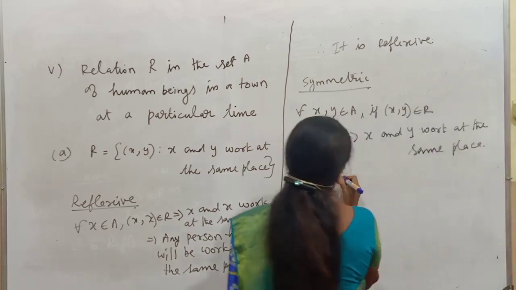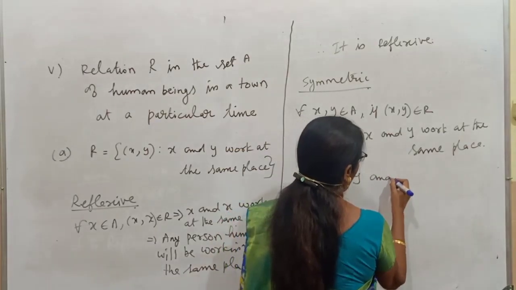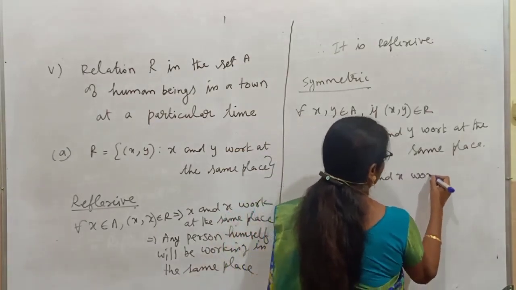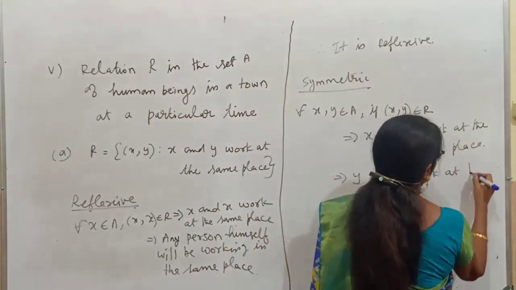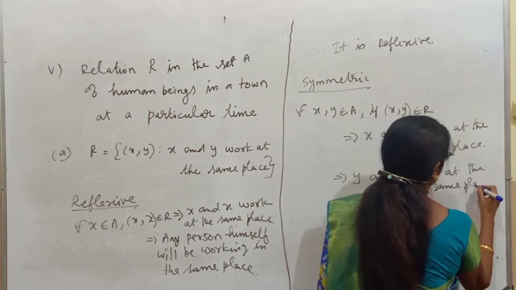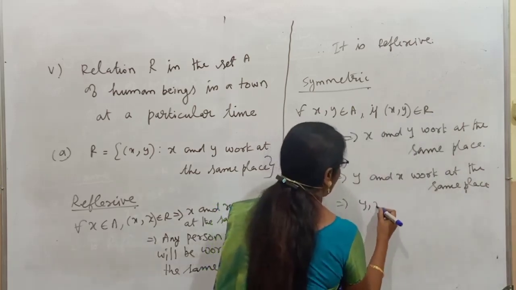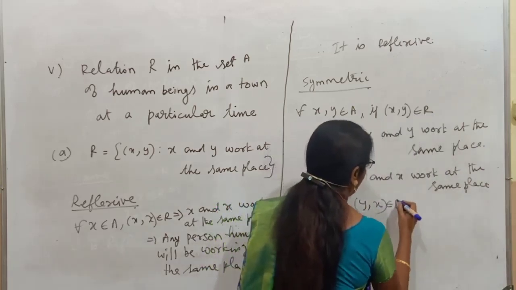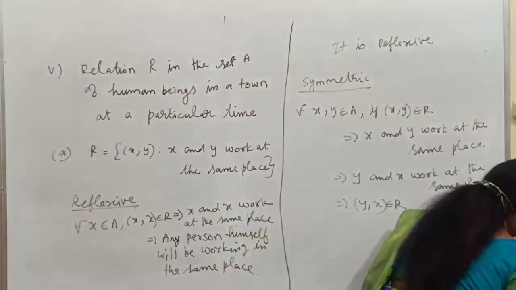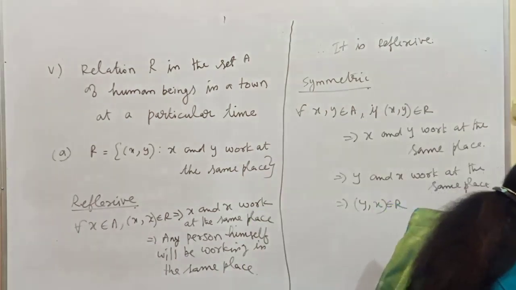So from this, the statement you have to write is, which implies y and x work at the same place, which implies (y, x) belongs to R. Right.